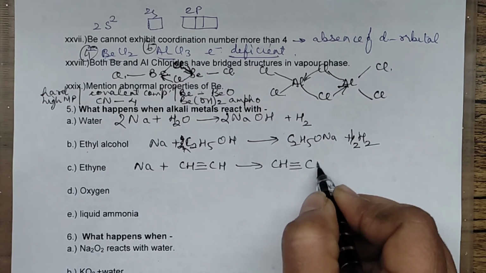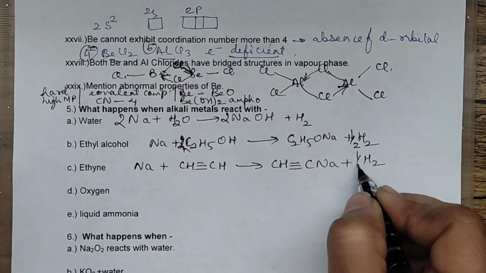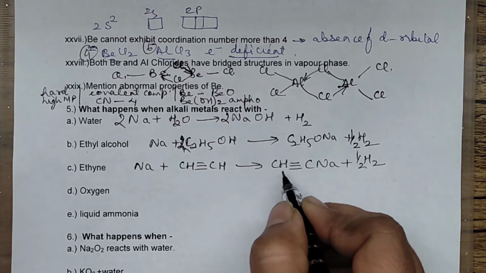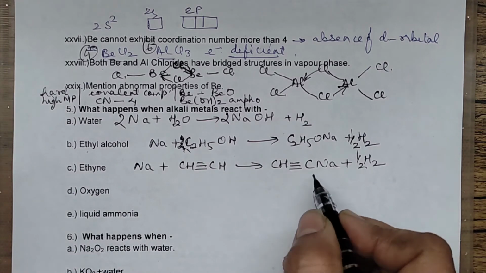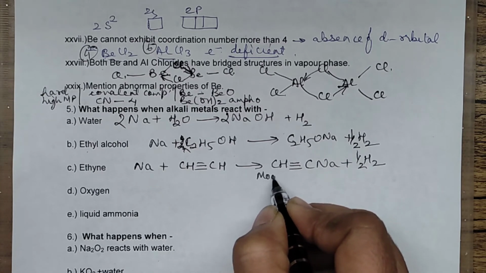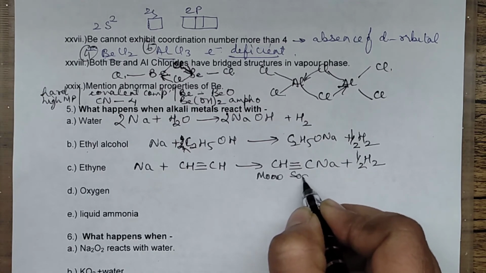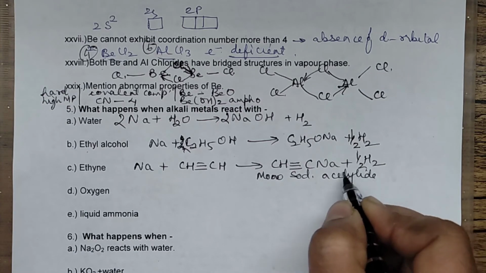So you can have here Na, and hydrogen gas will be liberated. If on the other side hydrogen also gets replaced by sodium, that is also possible, and you will get both sides substituted. Otherwise, it is only one. If we are writing that, it is called monosodium acetylide. That is the product.